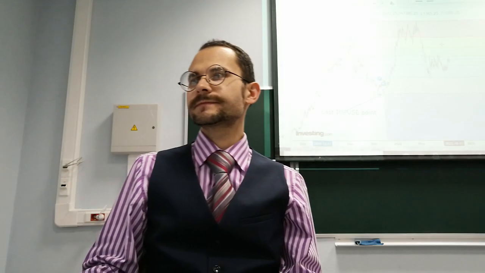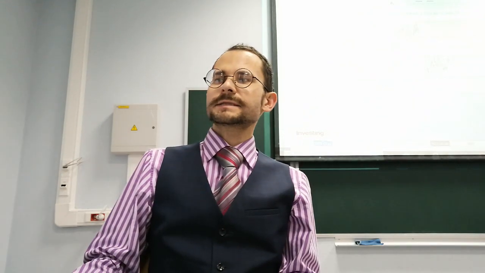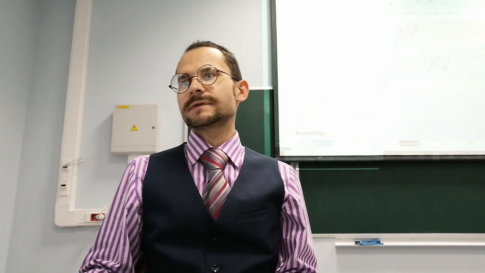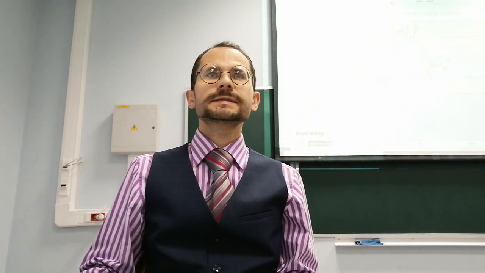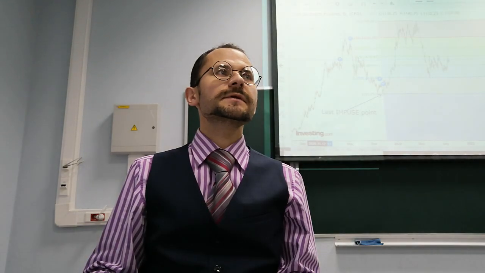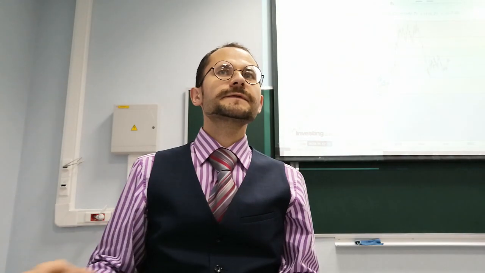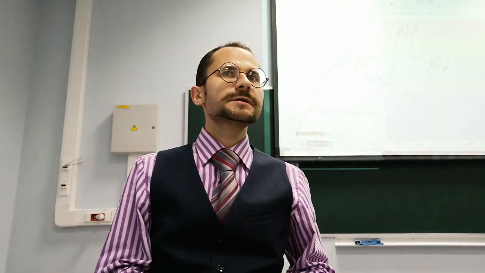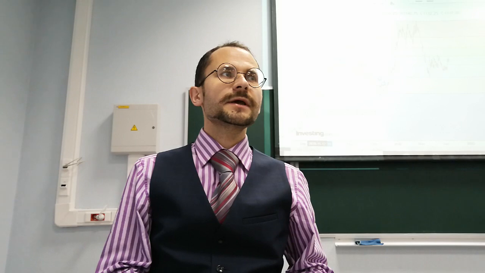This one. I need these lines in order to understand the levels of support and the level of resistance. What is the level of support and what is the level of resistance? The level of support is the floor below which the price of soybeans is not going to go.